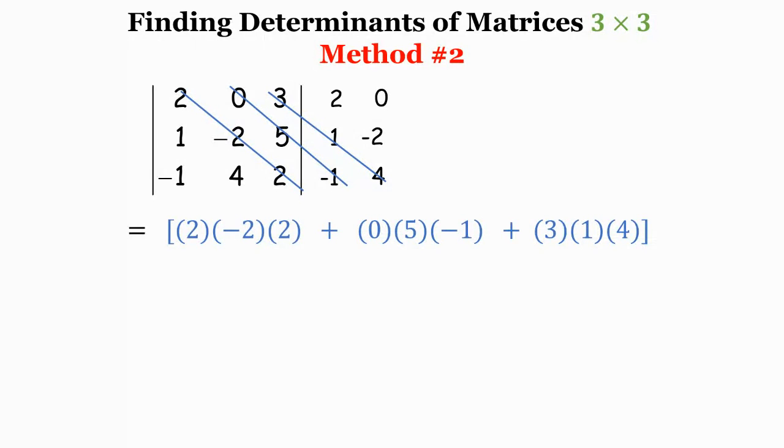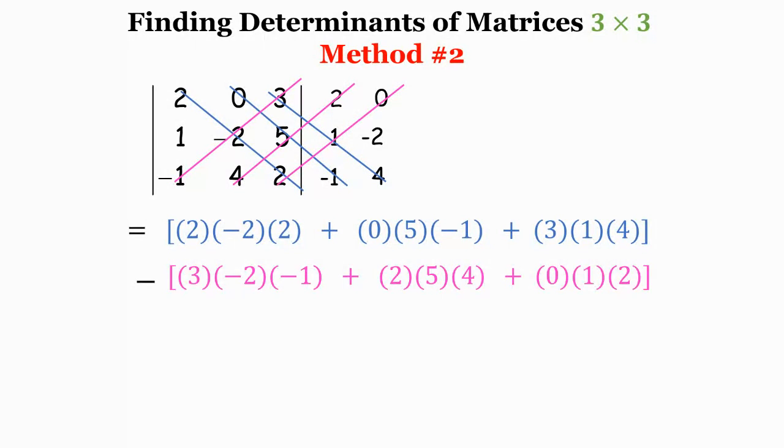Okay, so 2 times negative 2 times 2 plus 0 times 5 times negative 1 plus 3 times 1 times 4. And I'm showing my work. And then from that, I'm going to subtract the sum of the products of the other diagonals. So 3 times negative 2 times negative 1 plus 2 times 5 times 4 plus 0 times 1 times 2.